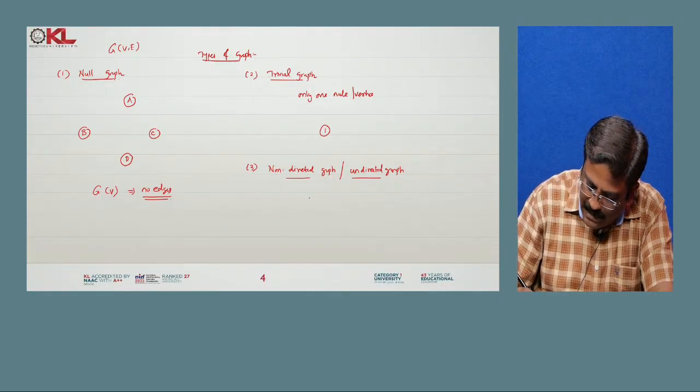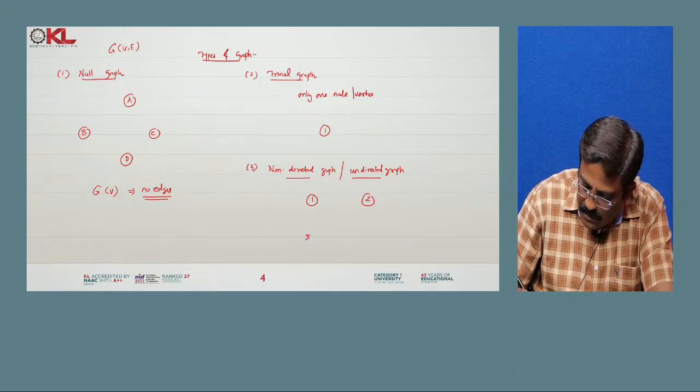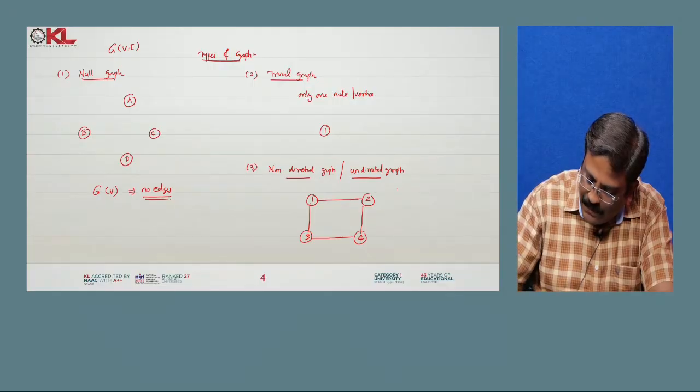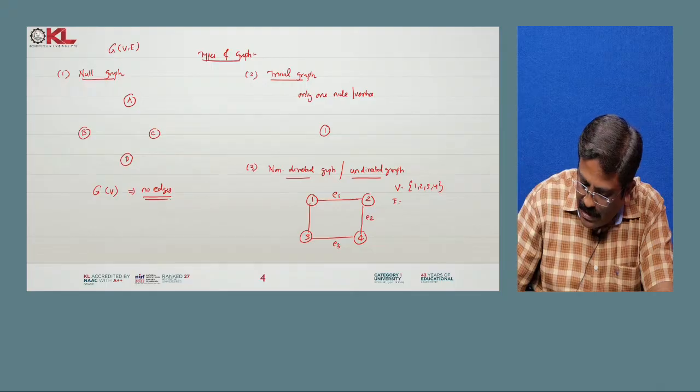Let's say I have the nodes 1, 2, 3 and 4, and there is connectivity between 1 to 2, 2 to 3, 3 to 4 and 1 to 3. Of course this consists of vertices 1, 2, 3, 4, and the edges are available: E1, E2, E3, E4.